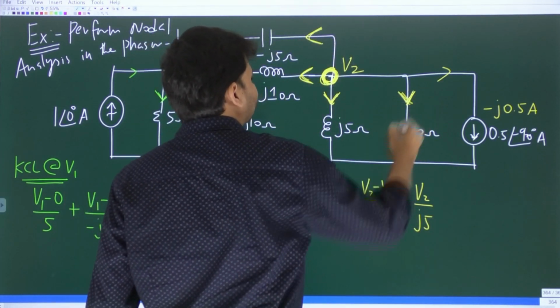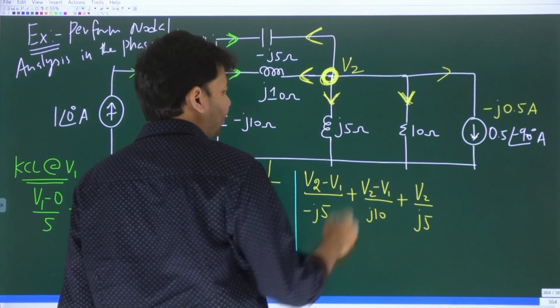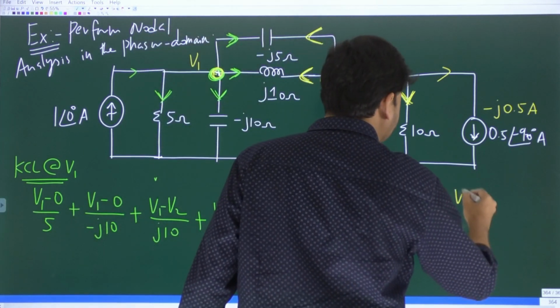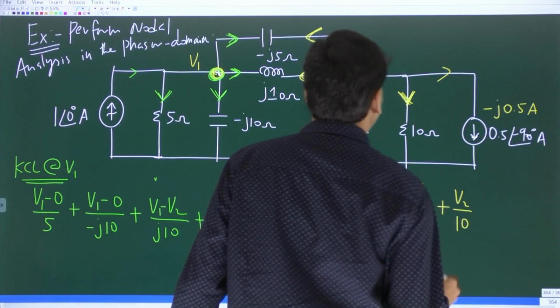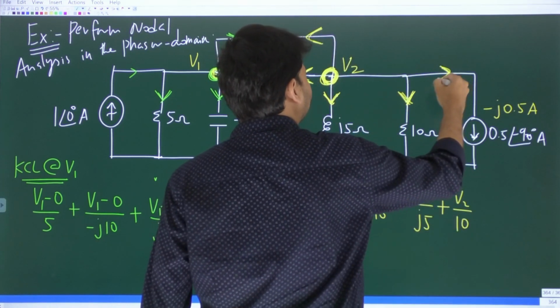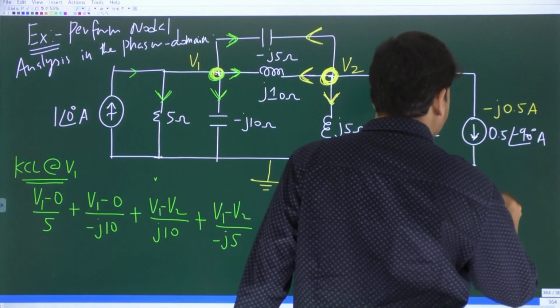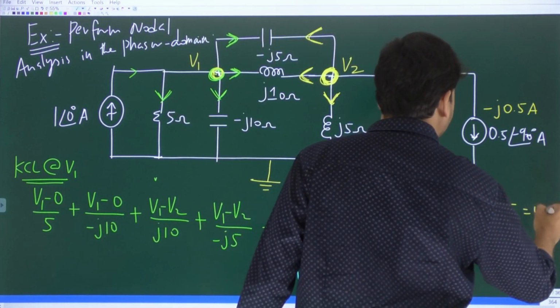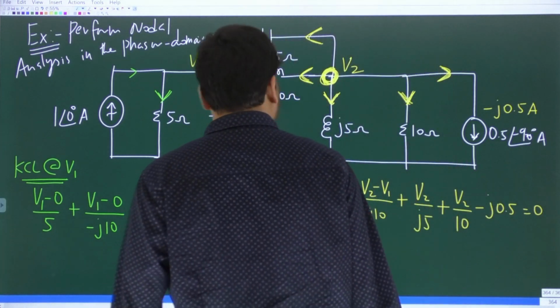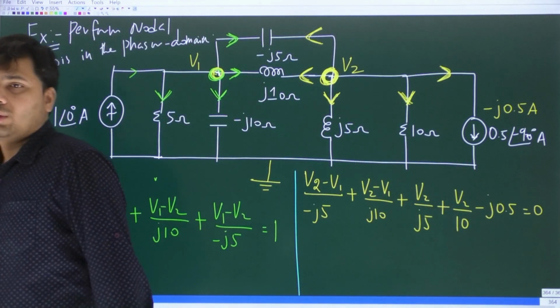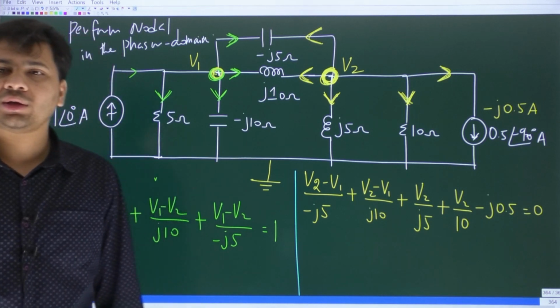And then this current, which is V2 minus 0 by 10, or simply V2 by 10. And then finally we have this current, whose value is minus j0.5. So minus j0.5 is equal to 0. That's all. These are the 2 KCL equations at the 2 nodes.